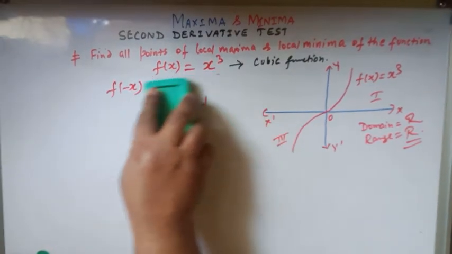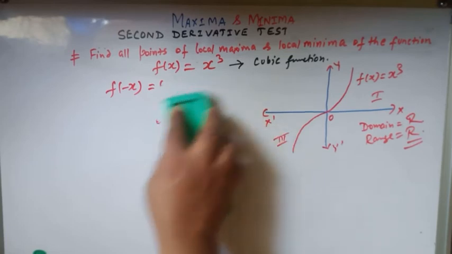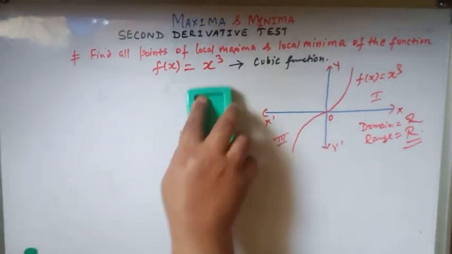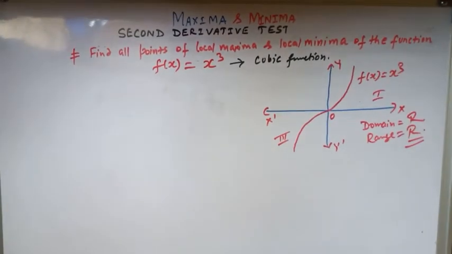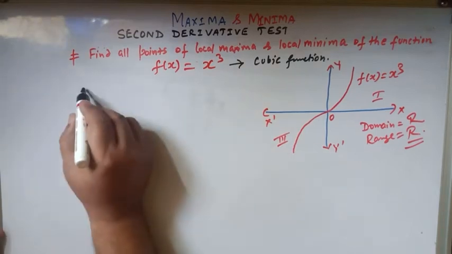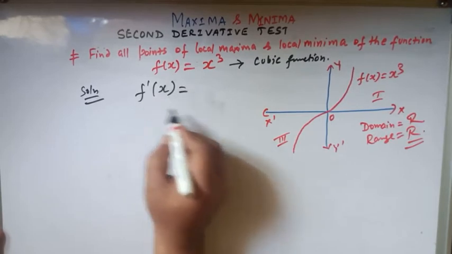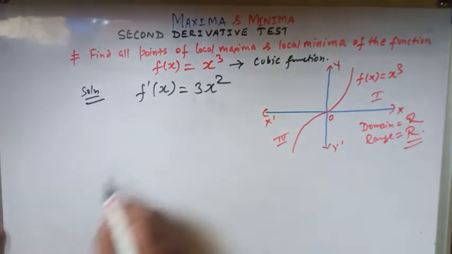Clear? So what we will do, we will find the points of local maxima and local minima by using the second derivative test. Clear? So let us find the first derivative. So f prime of x is 3x square. Clear?